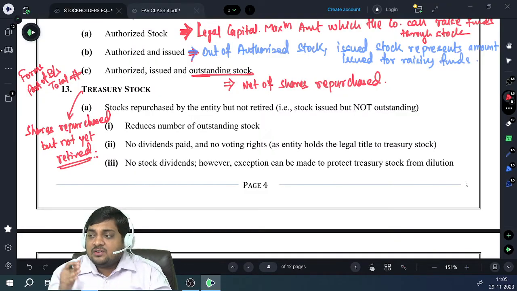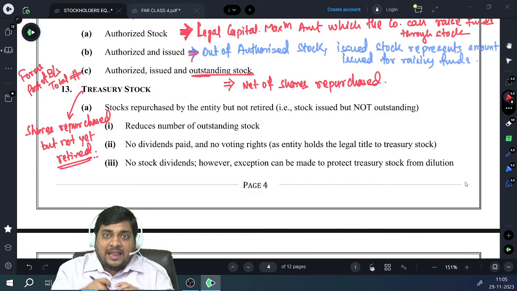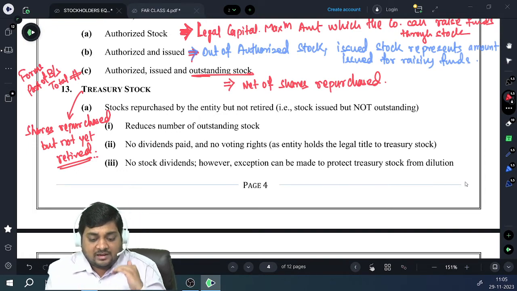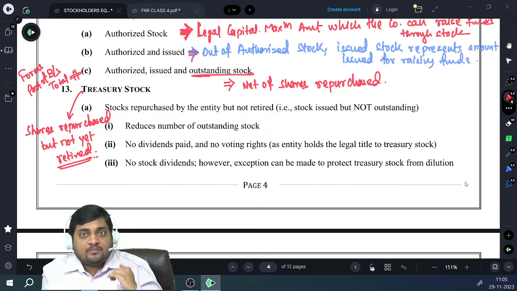And in case of treasury, for the time being the outstanding number of shares has reduced, but if the company wants to again have more funds for some purpose, the company can again float its treasury stock into the market, right? So if you have treasury stock, it might again go to the issued category, right? So in case of treasury stock, the outstanding stock is only temporarily reduced.